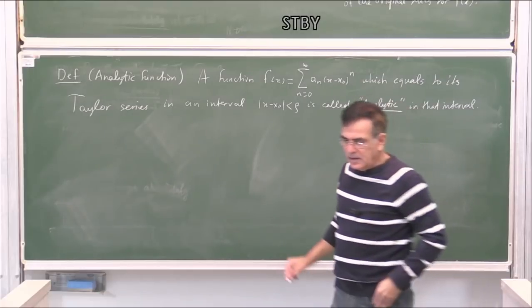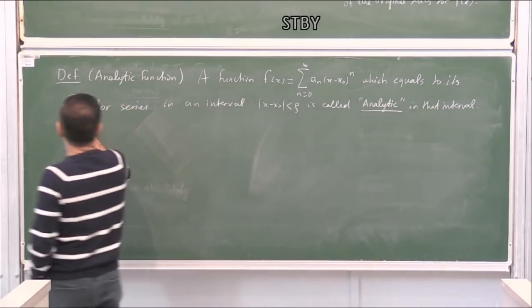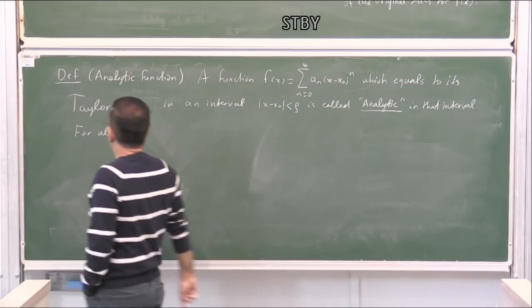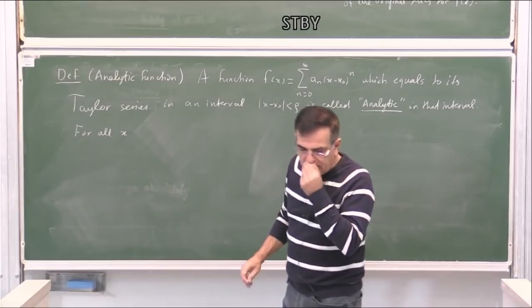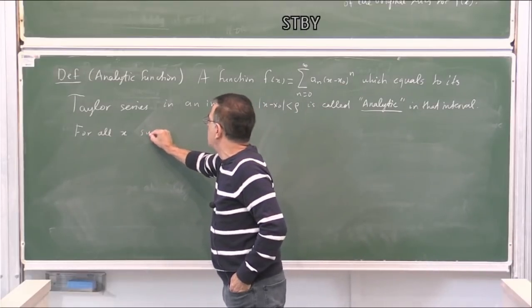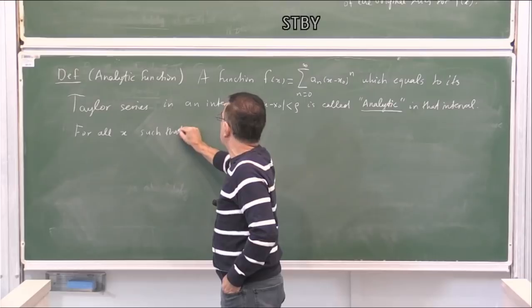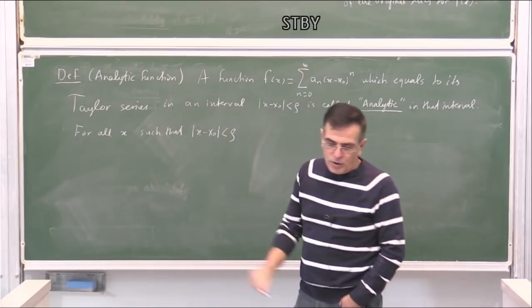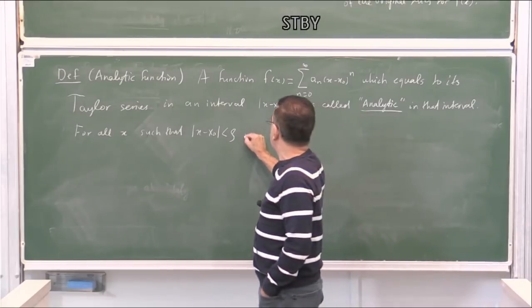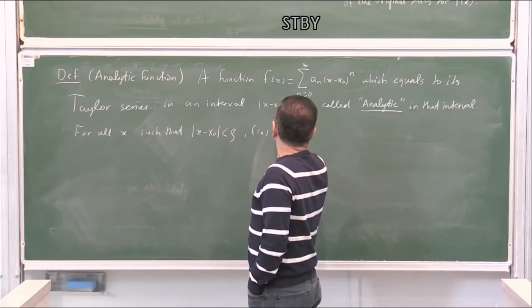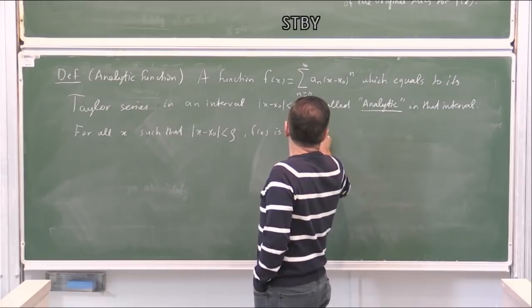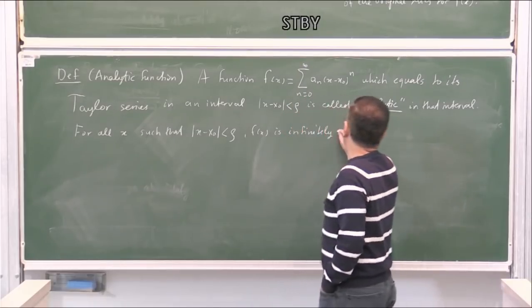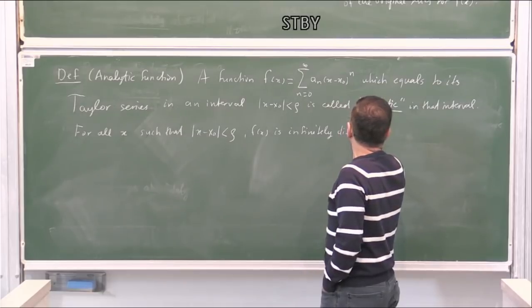And for all x such that the absolute value of x minus x0 is smaller than rho, f of x is infinitely differentiable.